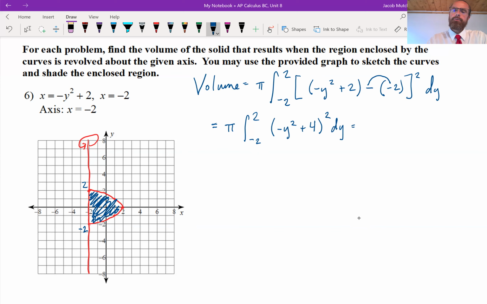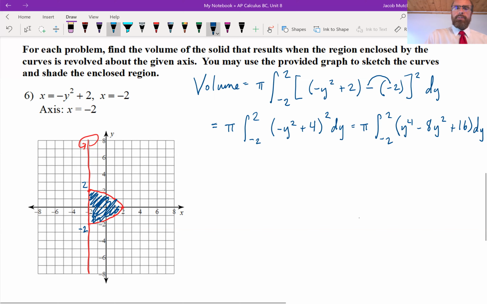And then I can further simplify the integrand by distributing, by FOILing. And that's going to give me this new integrand of y to the 4th minus 8y squared plus 16 dy. So we just sped through that double distribution of negative y squared plus 4 times itself.